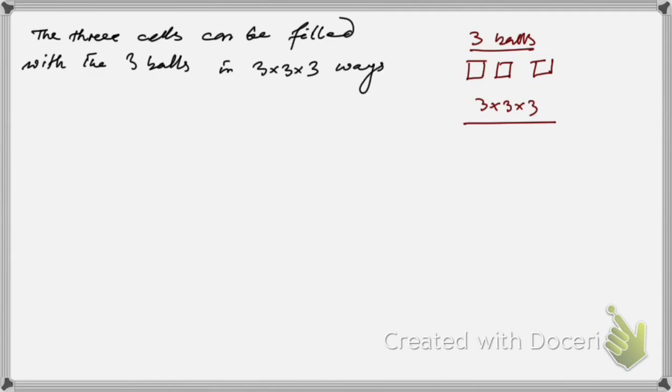That means 27 ways, right? So hope you have understood this, right? Now let us consider that A is the event: all the balls in the same cell.